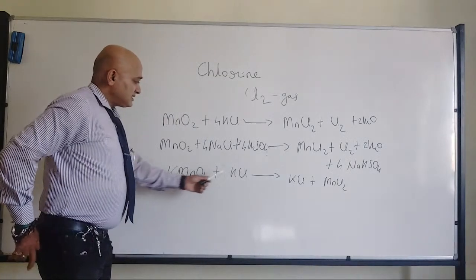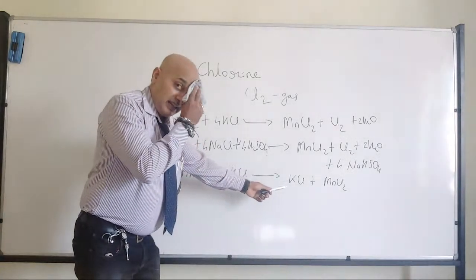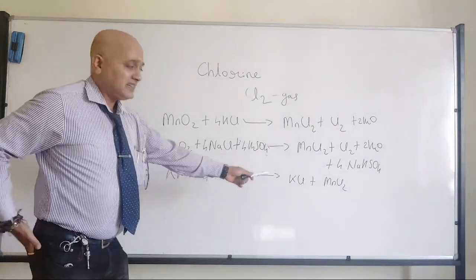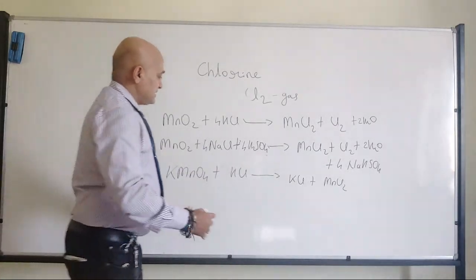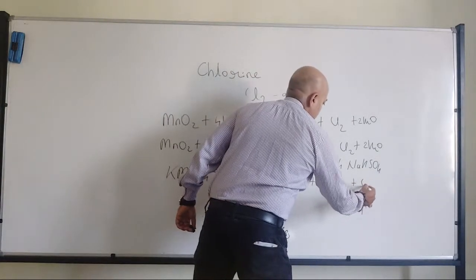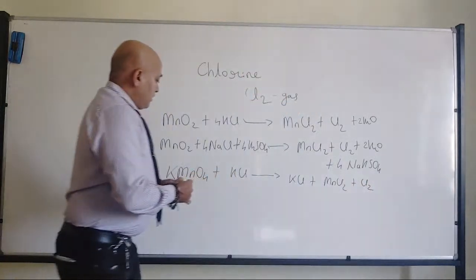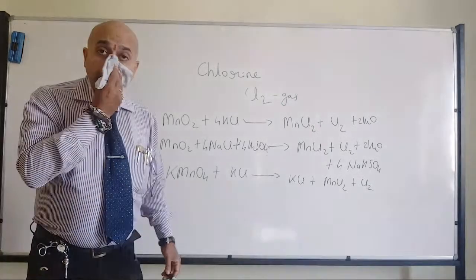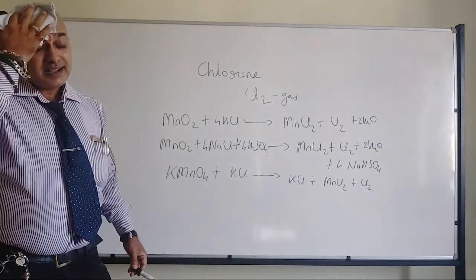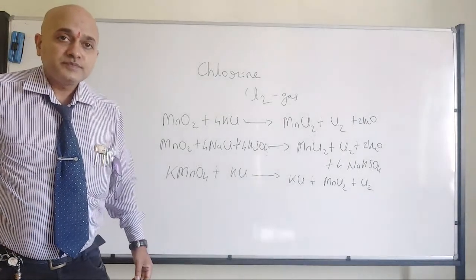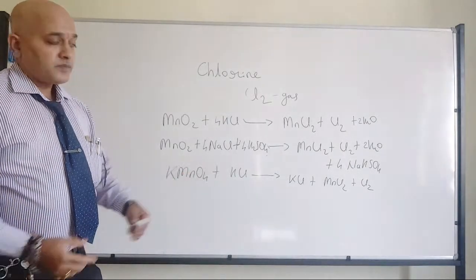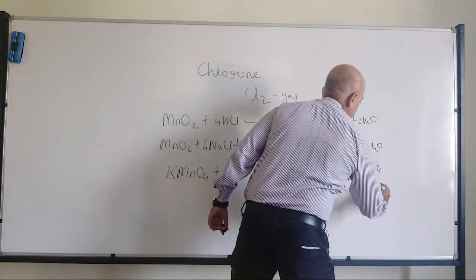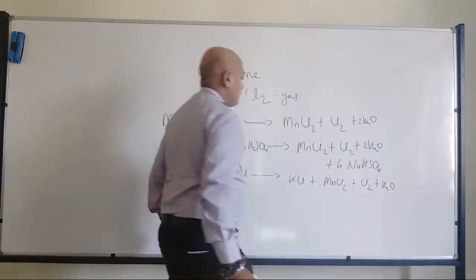So K plus Cl, KCl, Mn plus 2 and Cl minus, therefore MnCl2, and one of the products should be chlorine. What should be another product? It should be water.